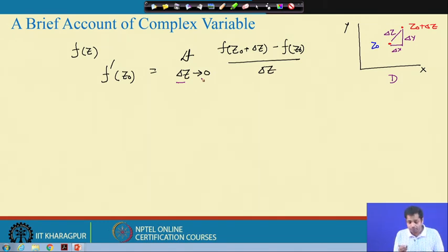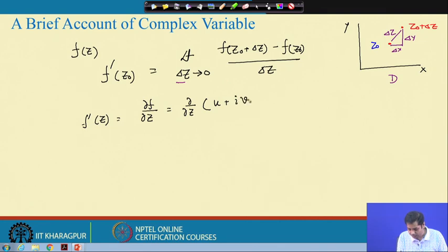Now let us write that expression. If you recall, f dash z is equal to del f by del z. F can be written as u plus iv, that is what we have seen. So this can be written as del by del z of u plus iv.